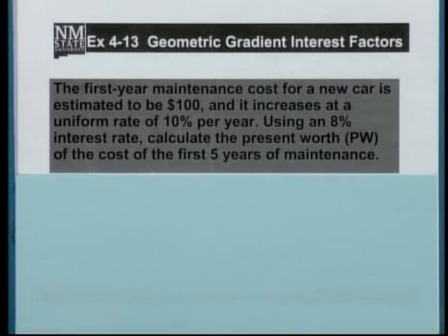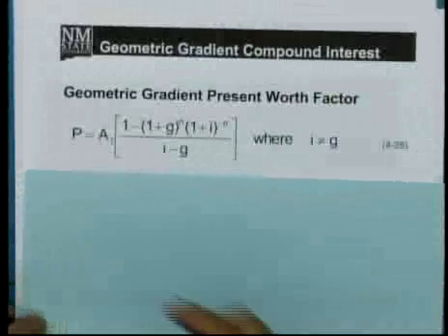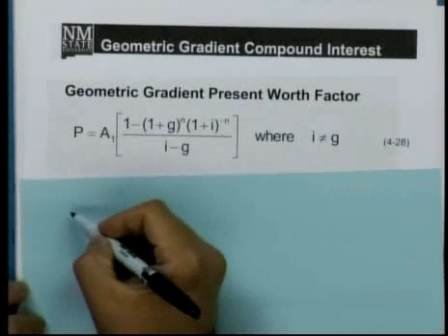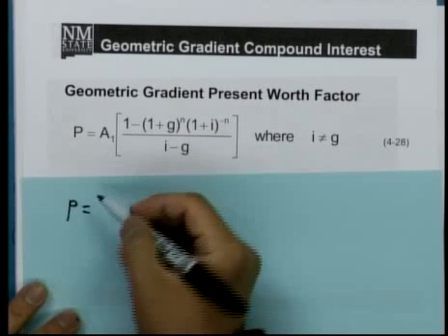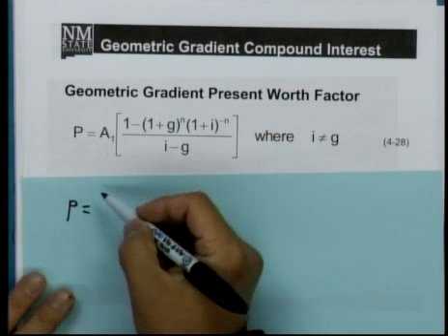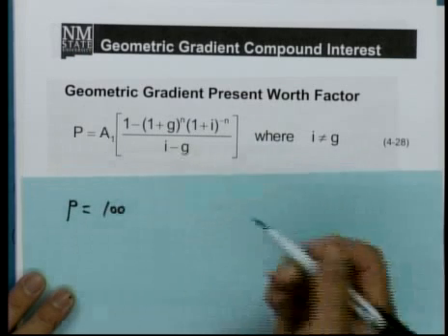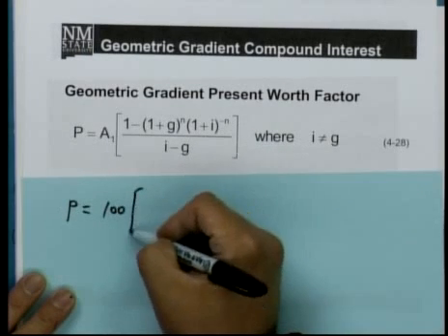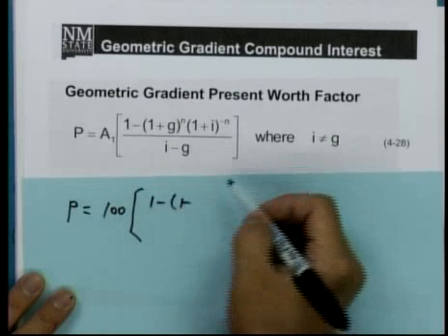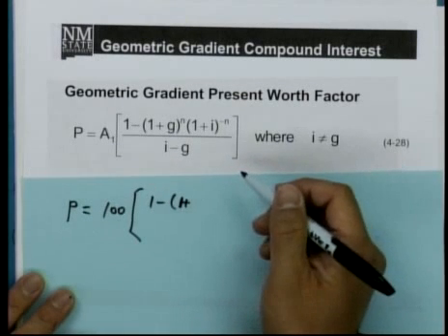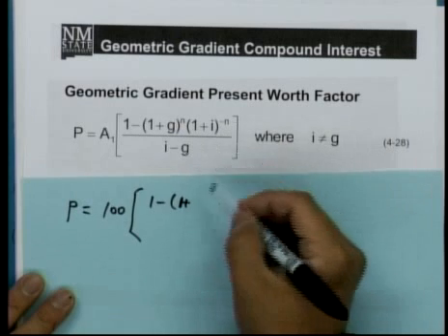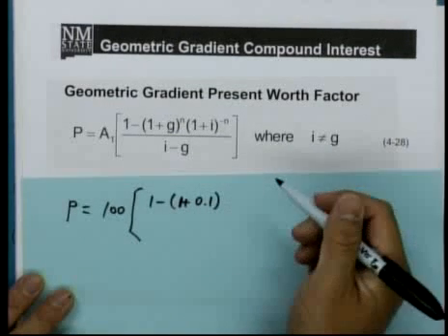So using the formula here, we can get the present worth of P. So here 100 times 1 minus 1 plus g. g is how much? It's a 10%. So it's going to be 0.1, right?